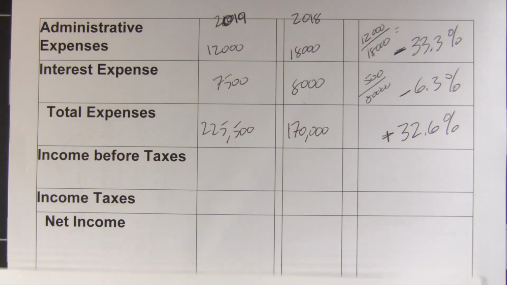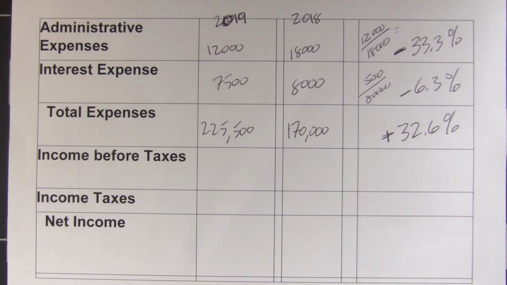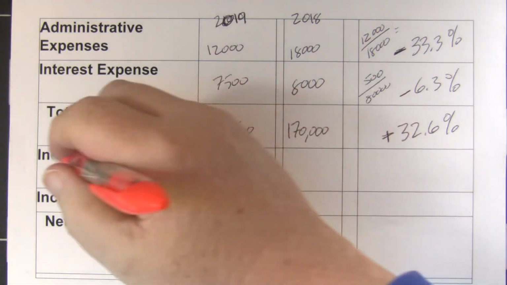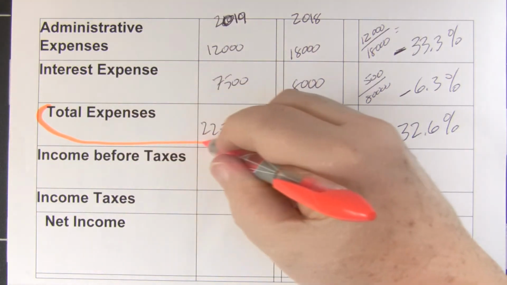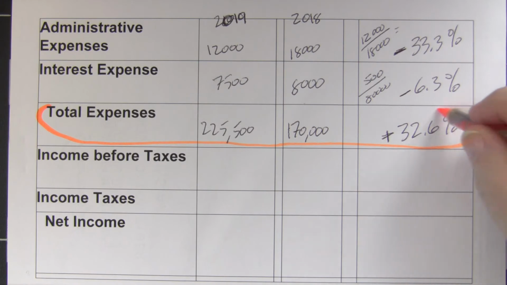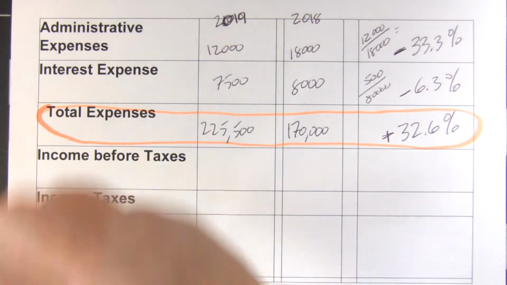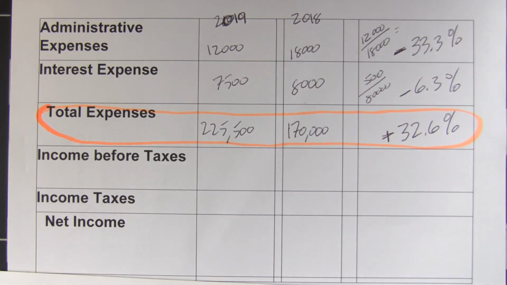Now, you're all heading for management. And I know many times a lot of what we've talked about, you say to yourself, how am I ever going to use this? Well, you're heading for management. You're going to use this as follows. If you're the senior manager and you see expenses are up 32% and sales are up 20%, you're going to want to have a chat with your production and your management people.